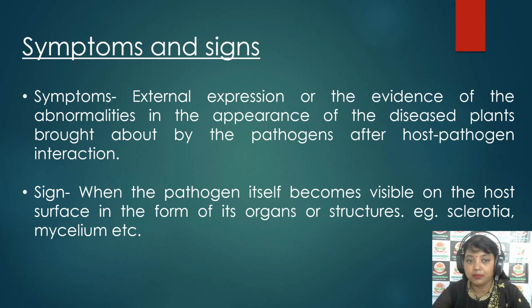And a sign is when the pathogen itself becomes visible on the host surface in the form of its organ or structure, for example the sclerotia, which is part of the fungus, and mycelium. That is called a sign.